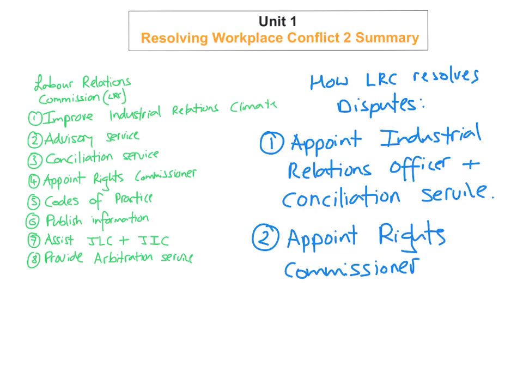And what the rights commissioner will do is they will investigate the dispute, and then they will make a recommendation on what they think is best to do. And it's not legally binding, but it can be appealed in the Labour Court, which would be a legally binding decision then. So this is like an arbitration service.